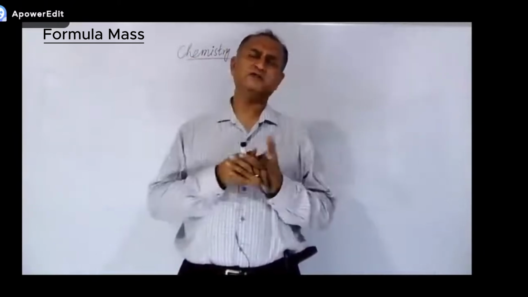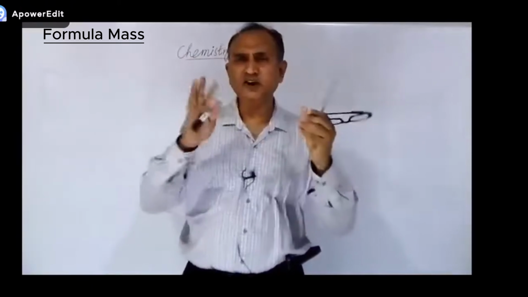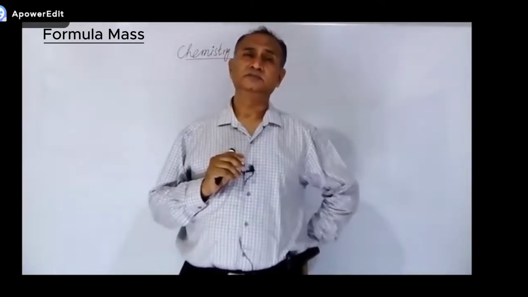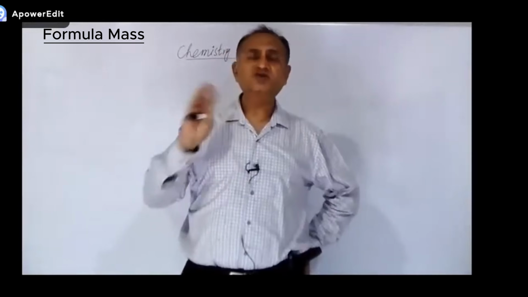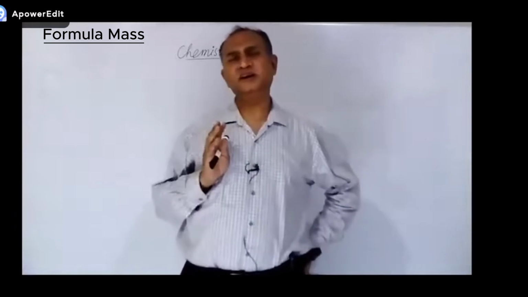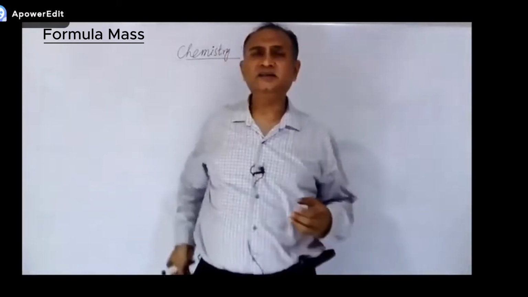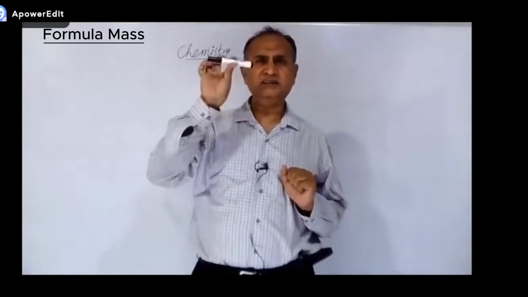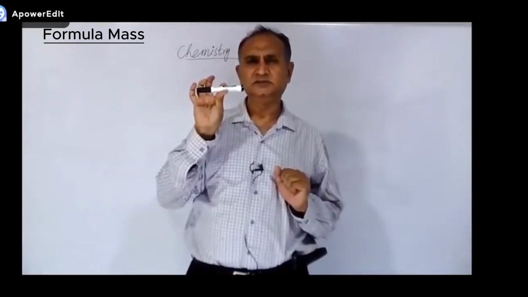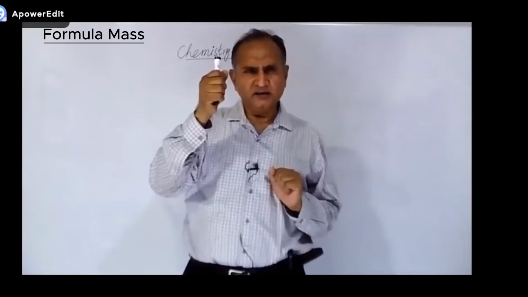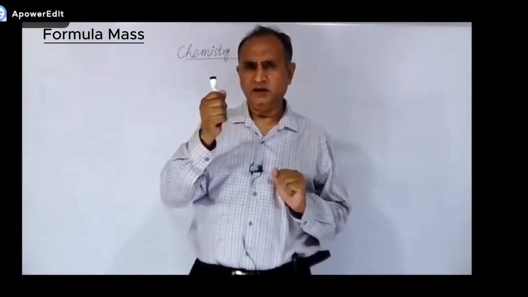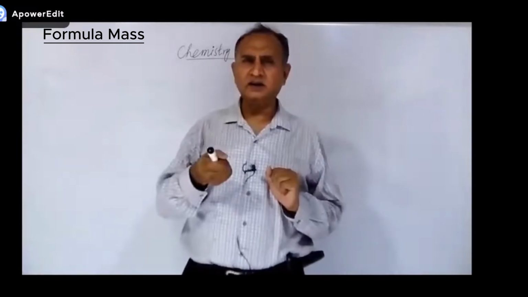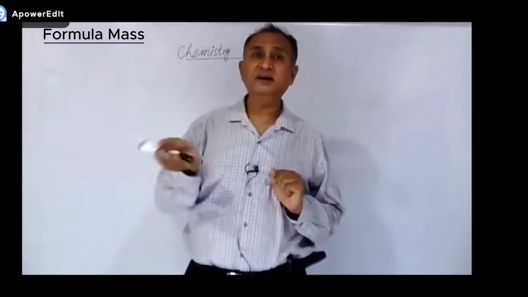Second, there are many compounds, thousands of compounds, in which no sharing occurs. When sharing is not occurring, what else? In such compounds, transference of electrons occurs. Suppose this is one atom and this is its electron. Mostly this atom is a metal. Metals have the ability to donate their electrons.